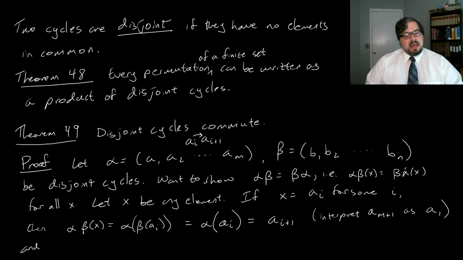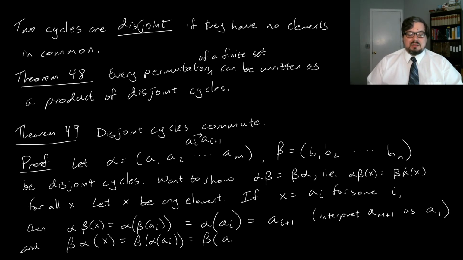Okay, and we have that. We can now look at what happens when we take beta alpha of x, still under the assumption that x is a_i for some i. Now beta of alpha of a_i: alpha of a_i is a_(i+1).